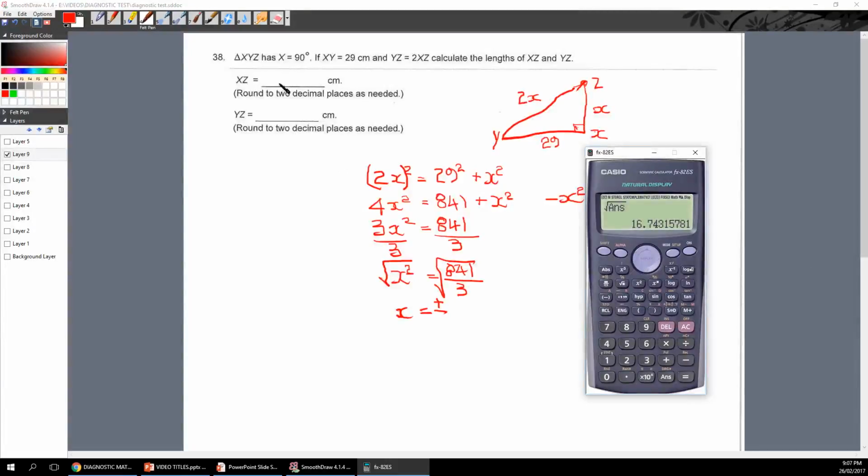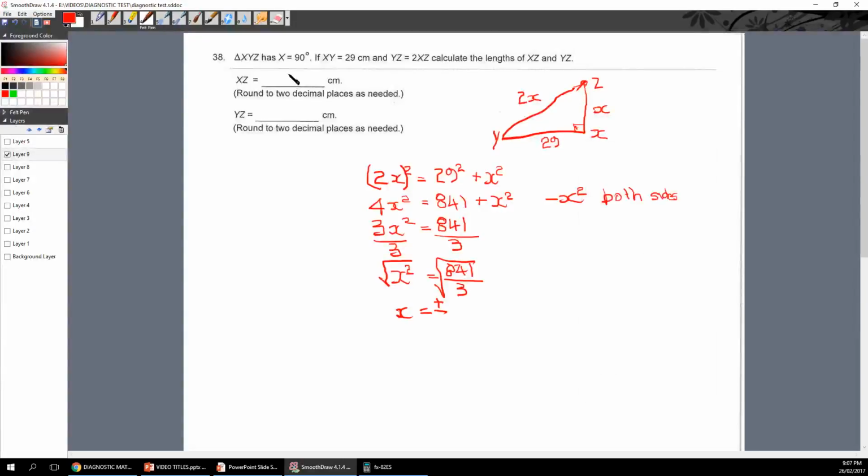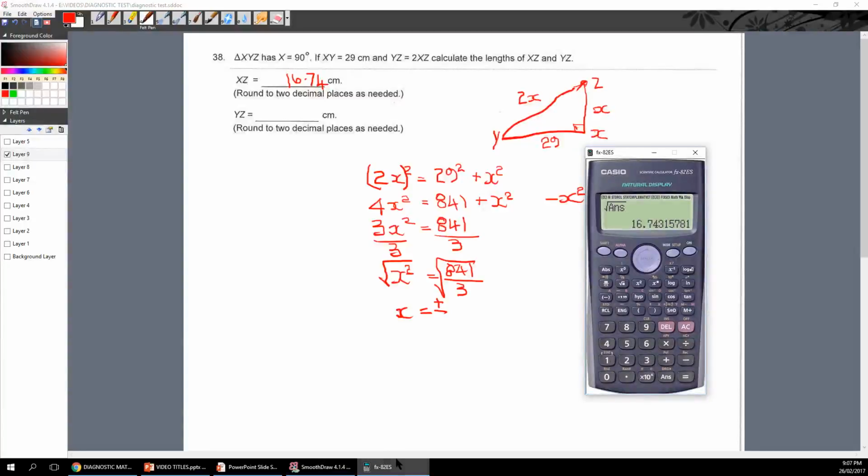Now the answer's to round to 2 decimal places, so that x is XZ, so that's the small 16.74, 2 decimal places, 16.74.